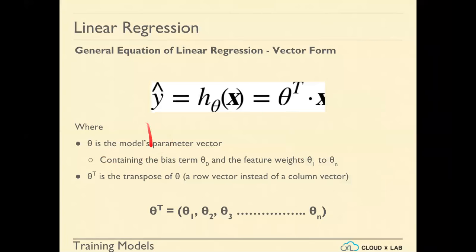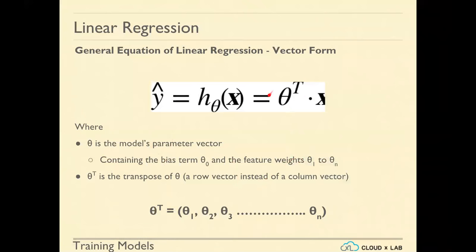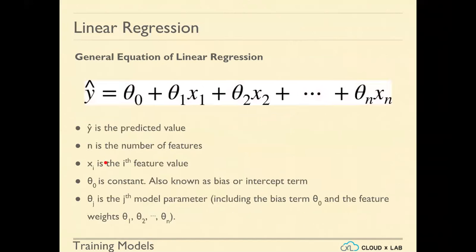Theta is a vertical set of values, and by using theta transpose we make it horizontal and multiply it by x, and that's where this equation comes from.